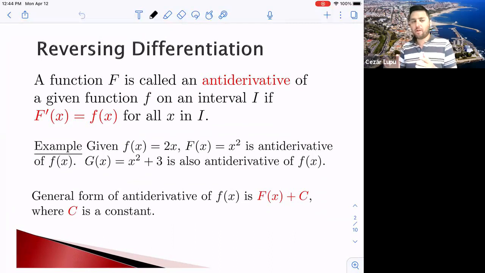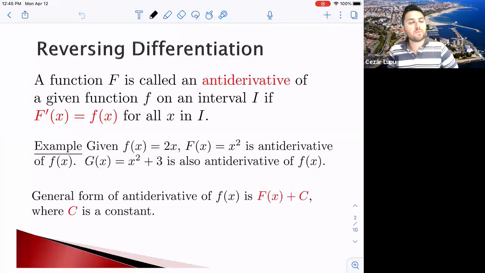If we have a function f, we can take the derivative of that function, and we can write f prime of x, right? But also, there should be another procedure that will allow me to go back from the derivative to my function f, right? From f to f prime, I will take the derivative. But now if I want to go back from f prime to f, maybe I will take the antiderivative.